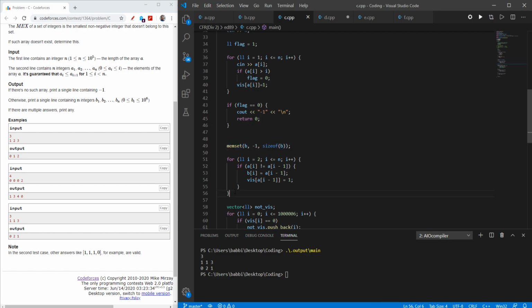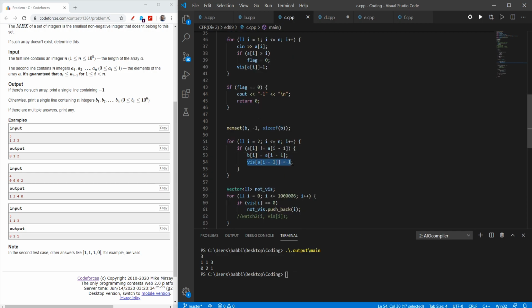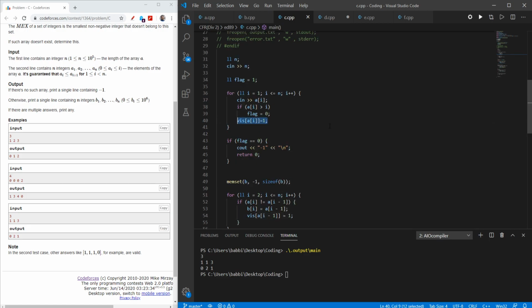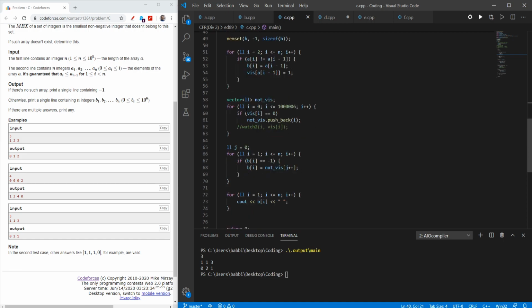So as to make sure of it, I marked my b as -1. Then I iterated from 2 to n. I checked that if my a of i is not equal to a of i minus 1, then I marked my b of i as a of i minus 1, and simultaneously I also marked my visited, although it was not required because we did the same thing above also. But yeah, let's move on. I will have a vector notVisited which will store the elements which are not visited, so as to put them in B finally.